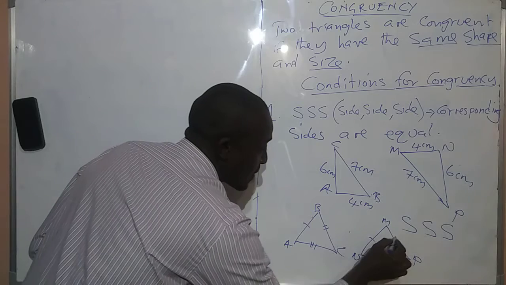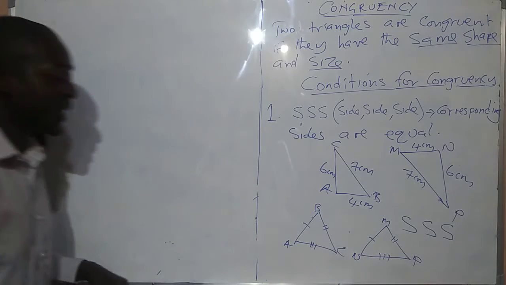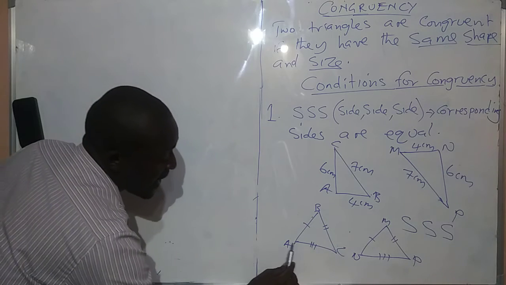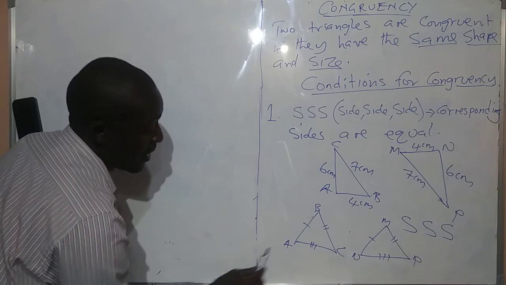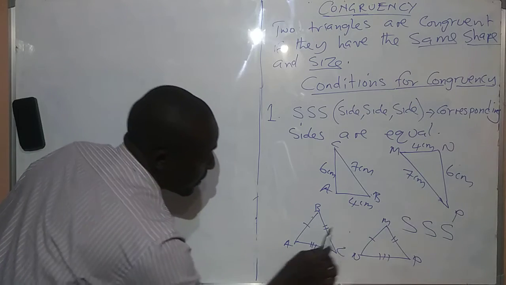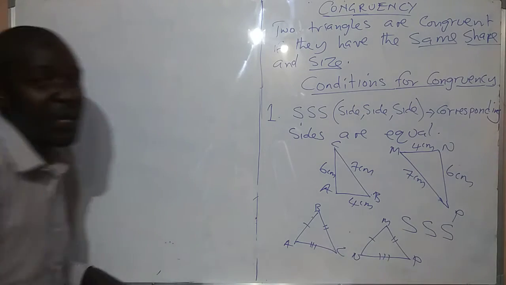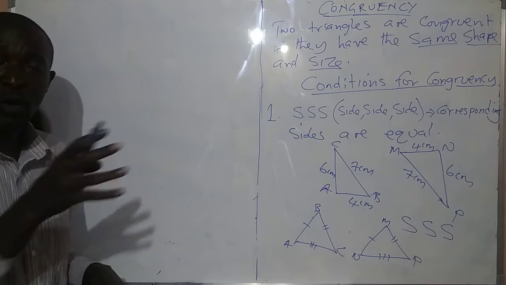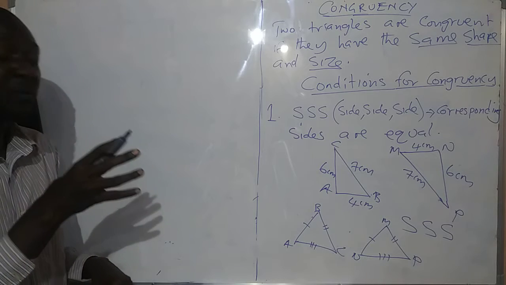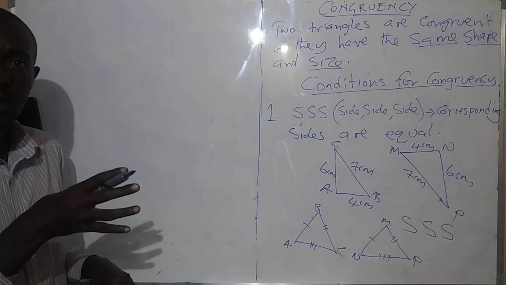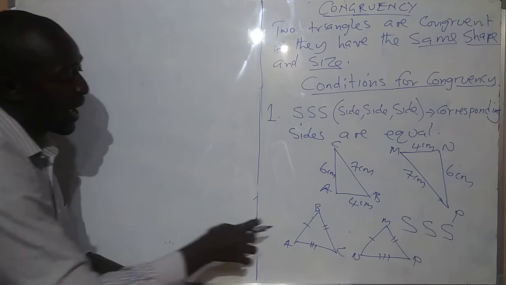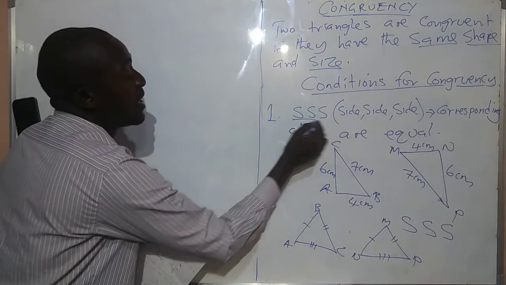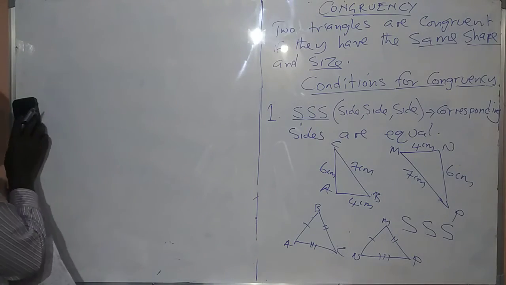What this means is that here we have 3 lines, it means AC is equal to NP, AB is equal to NM, BC is equal to MP. So when you see something like this, first of all, look at the shape. The shape should be the same, the size should be the same. And then it means that the two are congruent. So this is the first condition here. Corresponding sides should be equal.